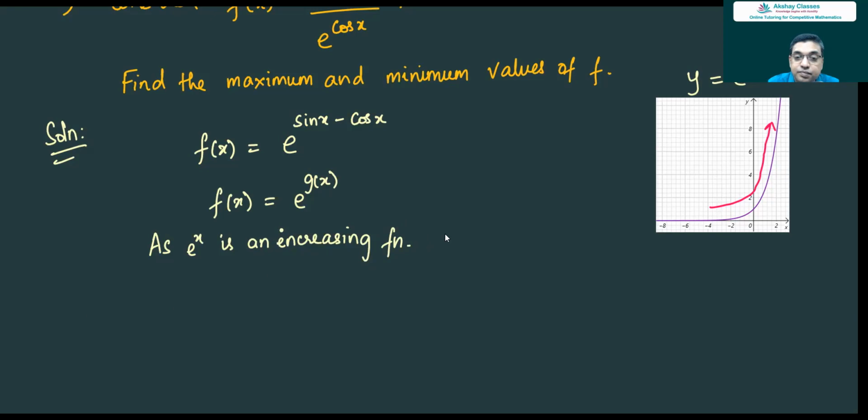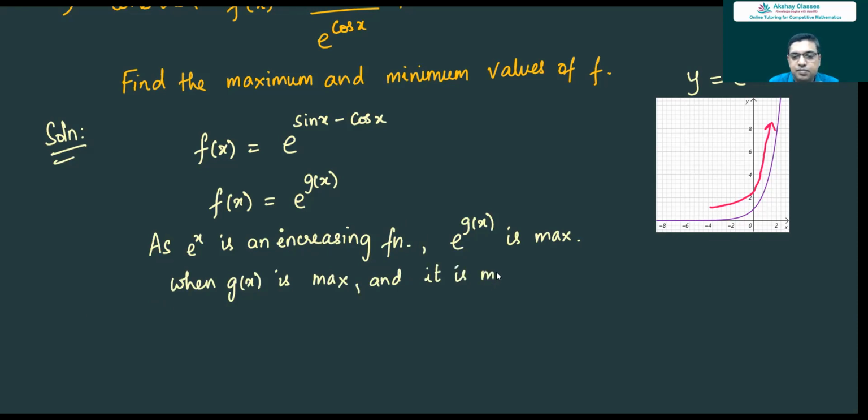Right? Now, e power g of x is maximum when g of x is maximum, and it is minimum when g of x is minimum.